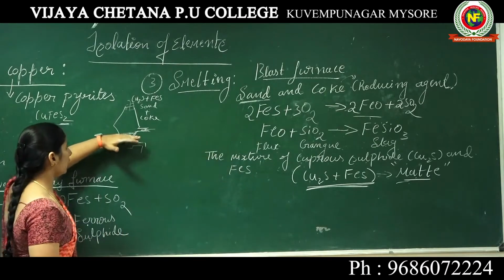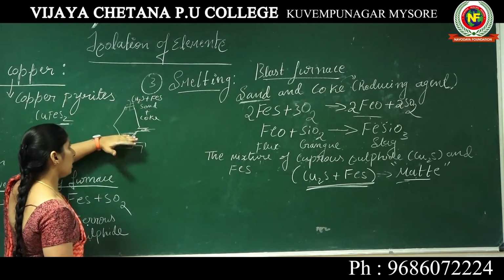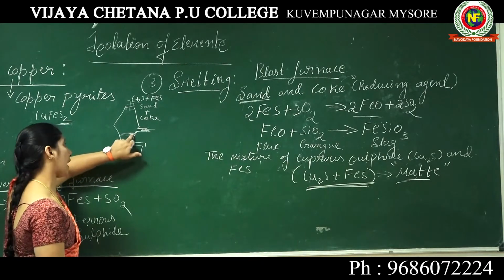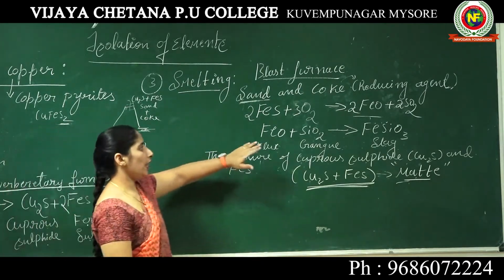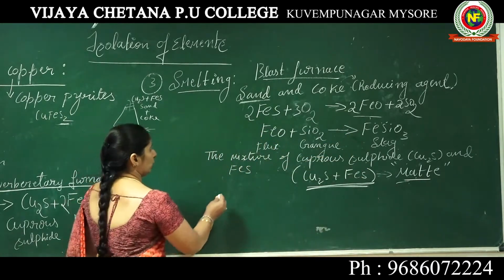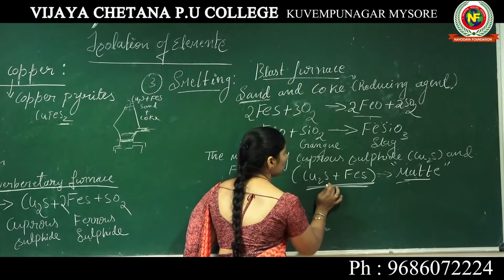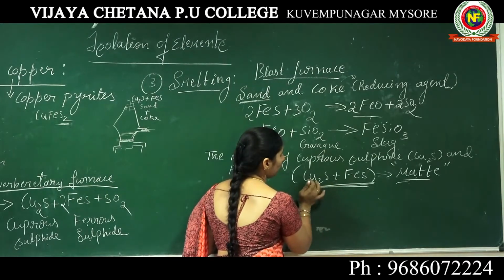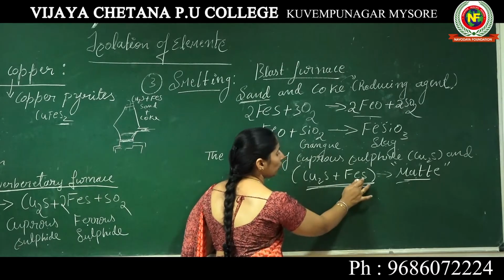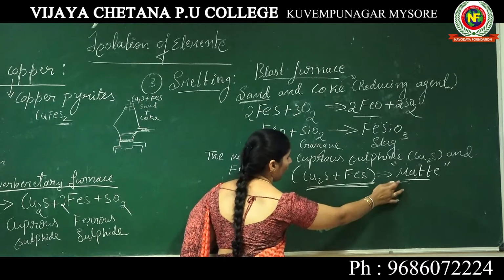This mixture will collect at the bottom of the furnace, and on top is the slag formation, that is FeSiO3. This mixture, the copper matte, we call a matte.